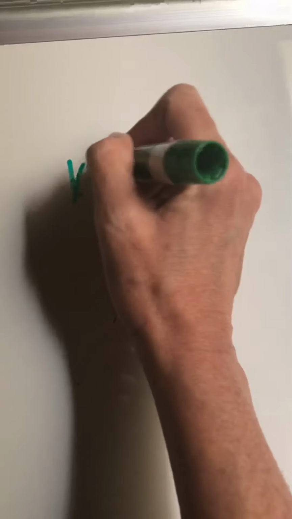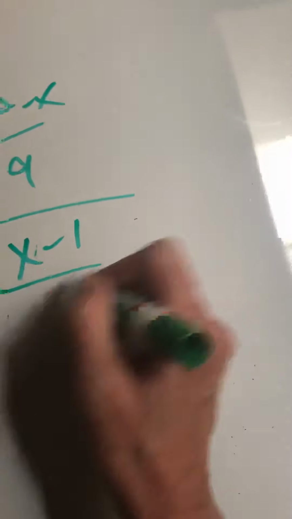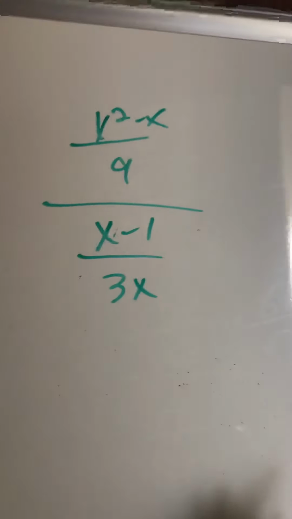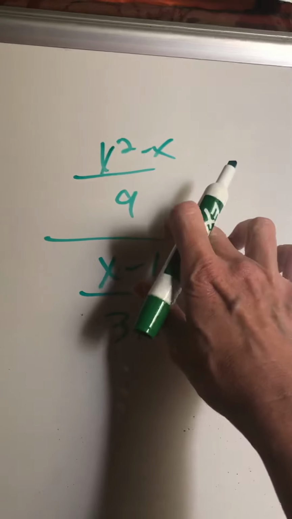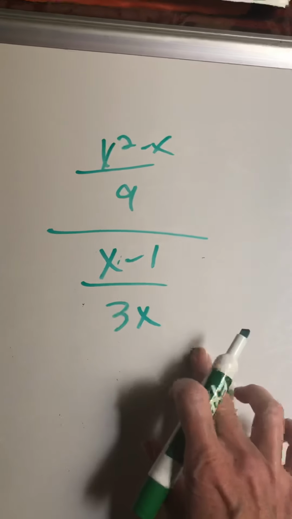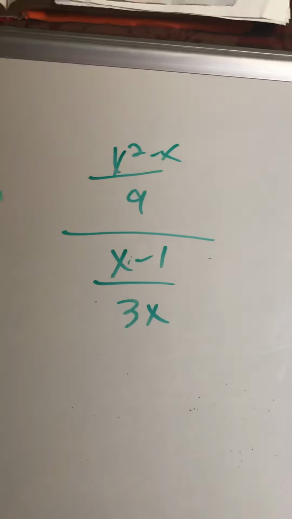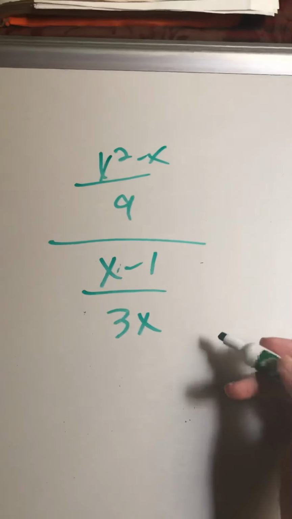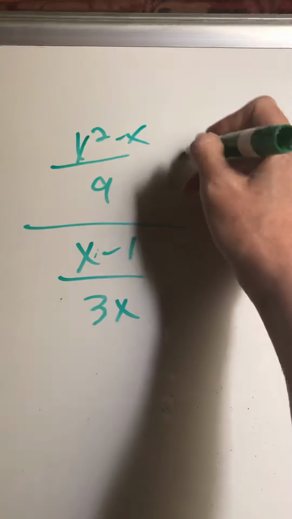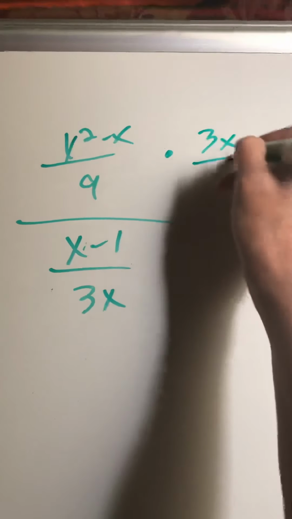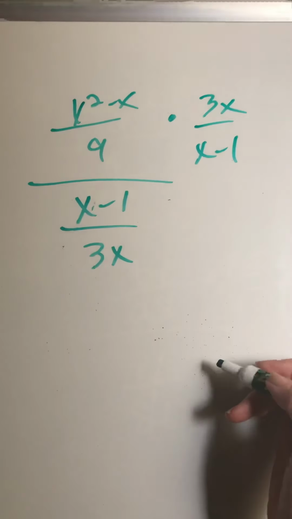So I've got x squared minus x over 9, and I'm dividing it by x minus 1 over 3x. So again, flip the bottom one. It becomes 3x over x minus 1.